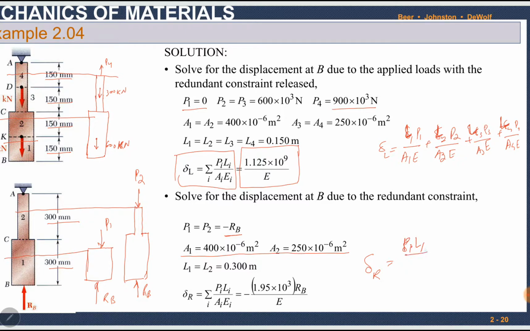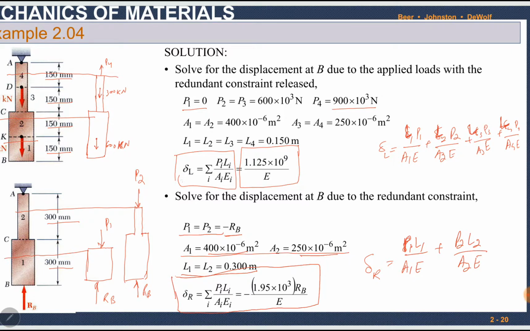P1 L1 over A1 E plus P2 L2 over A2 E. So we know P1 and P2 both are negative, minus RB. A1 and A2 are known. L1 and L2 are known. E is unknown. So net delta R in terms of RB and E is known.